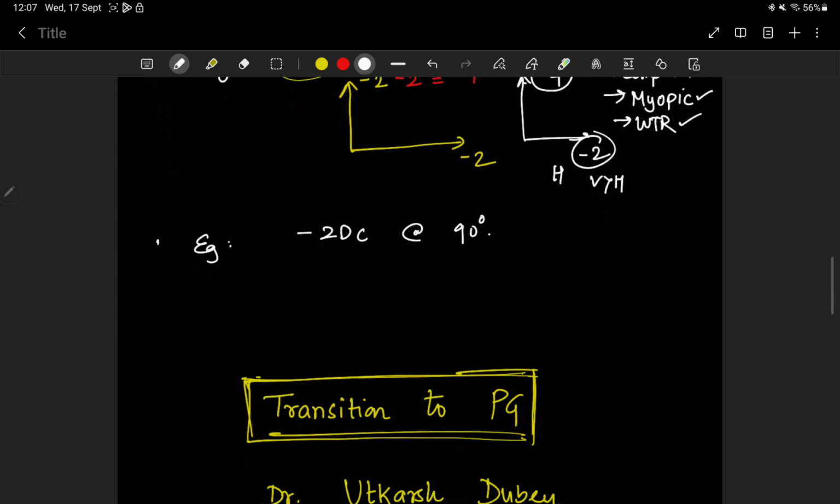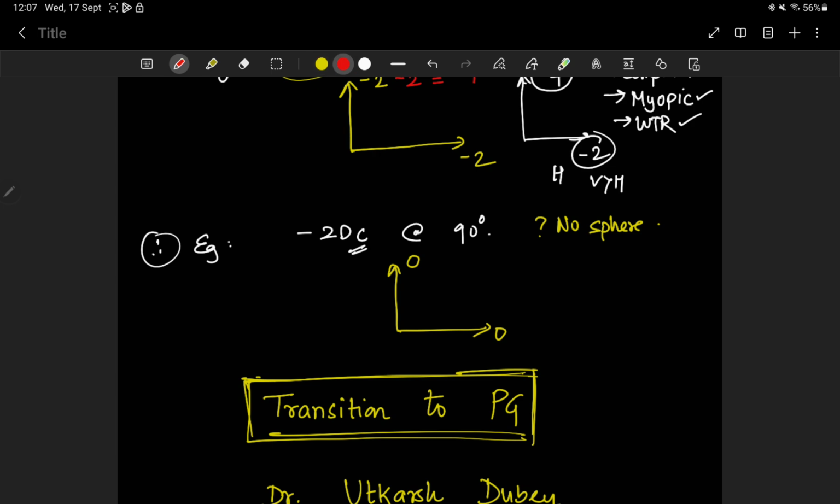Now next question. It is saying -2 diopter cylinder at 90 degree. So cylinder is mentioned, there is no mention of sphere. In these questions, when no sphere is mentioned, you have to assume the sphere power is 0 in both the meridians.